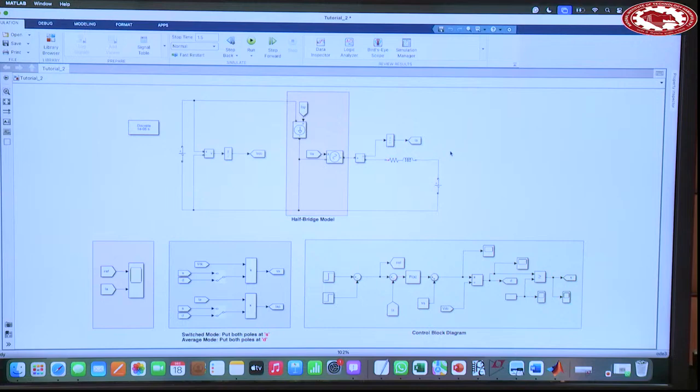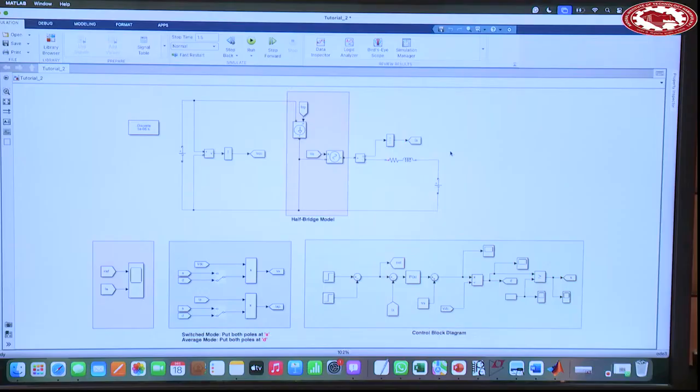So the usual way is to use a delay, a unit delay. I was trying to use delay Z minus 1, and at that time it was not working. Now I have used 1 upon Z, and it is working. Because for the same function, MATLAB has multiple blocks. So I think this block is compatible with this.